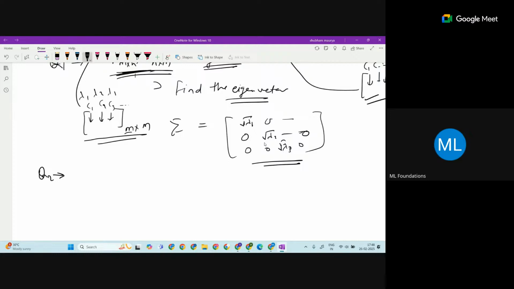What is that method? What will we do? We'll do 1 upon sigma; these are called the singular values.